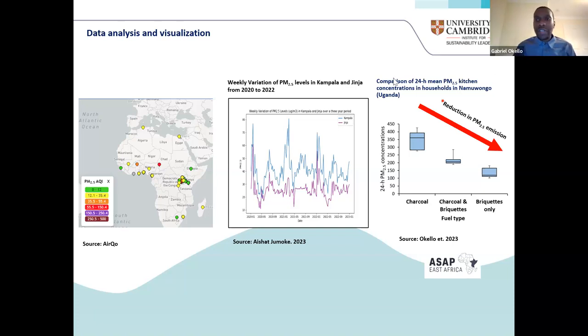And the third graph is the work we did with the ASAP team from the University of Birmingham, led by Professor Francis Pope. Here we are looking at PM2.5 in kitchen concentrations in an informal setting in Uganda.